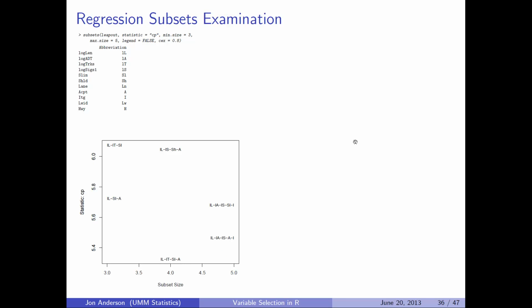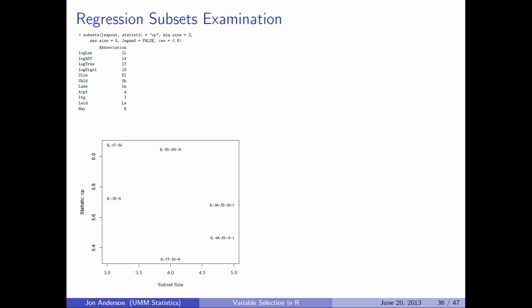I want to talk about overhead 36, where I am plotting the CP statistic for models that have 3 predictors, models that have 4, and models that have 5.